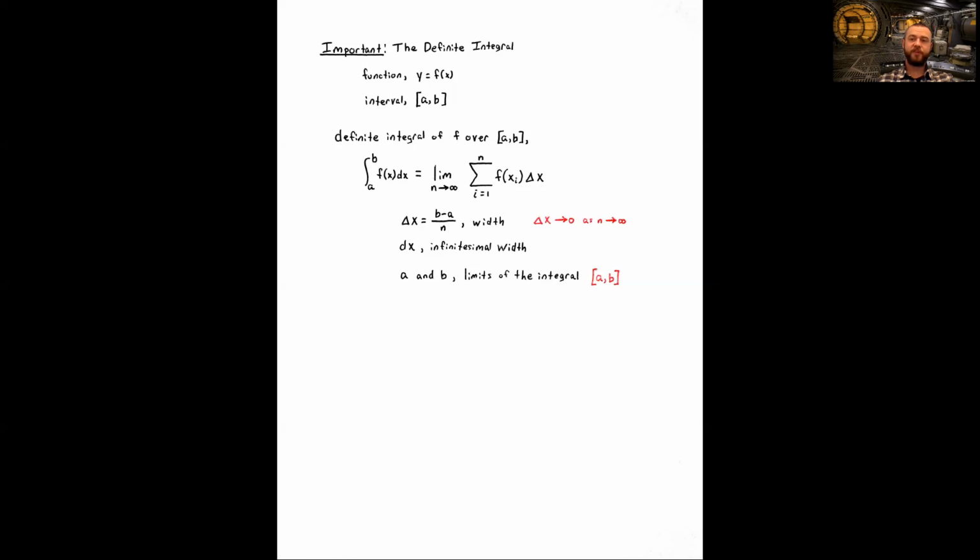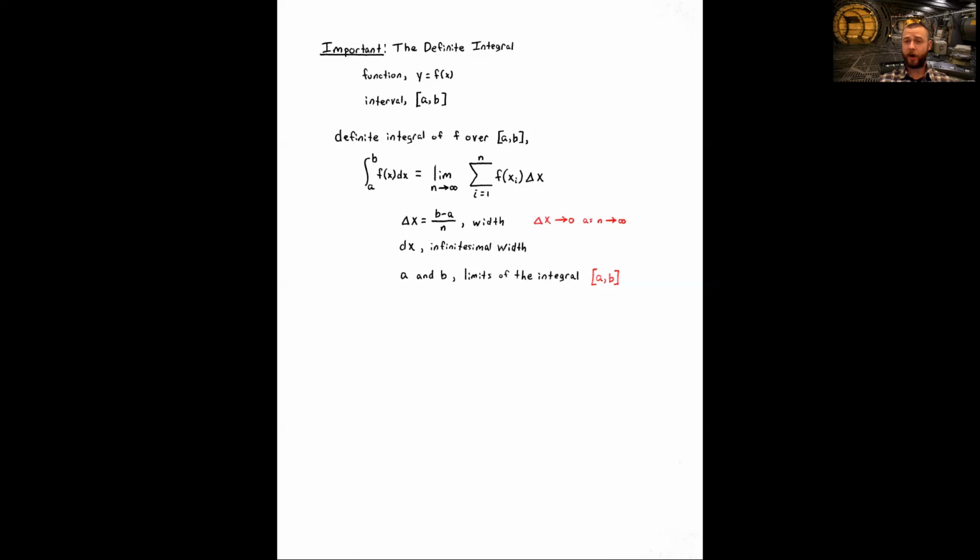All right, the other thing which is worth pointing out, it's kind of at the foundation of why calculus took a while to develop. Delta x, think of that as a finite or measurable width. We defined delta x as b minus a divided by n. And that's something that you could measure.